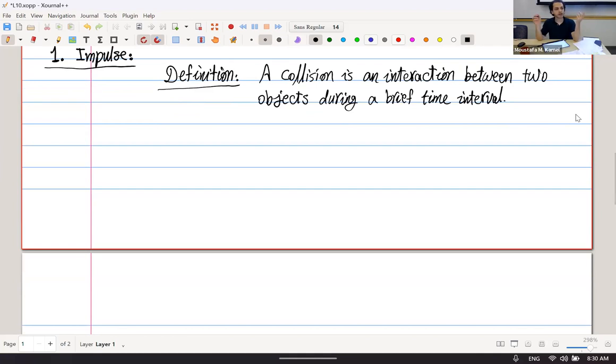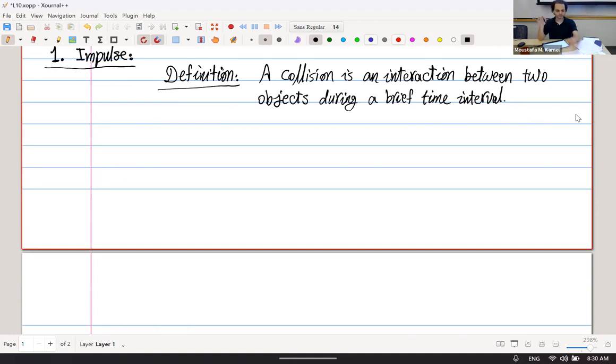And collisions sometimes may seem instantaneous, like if you're kicking a soccer ball or hitting a baseball, or doing an interaction that your eye cannot follow, like you have a limitation in the amount of time that your eye can see, right?